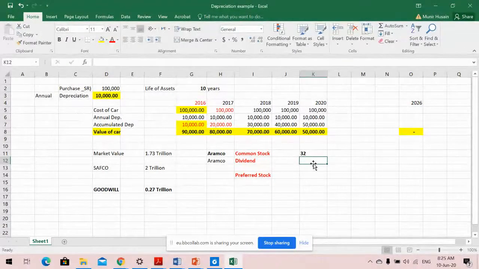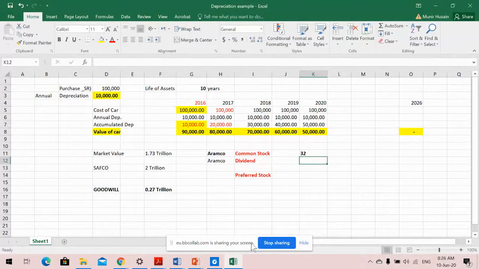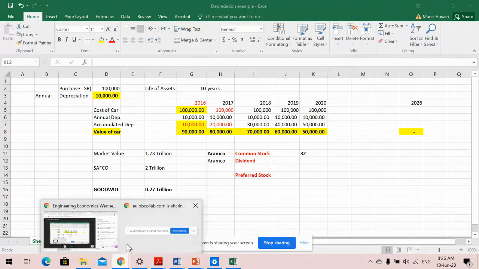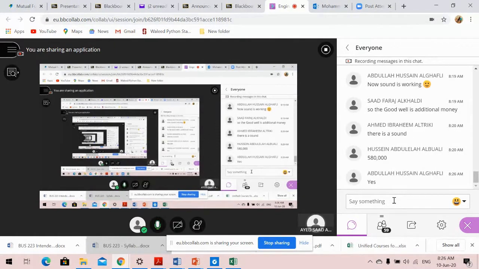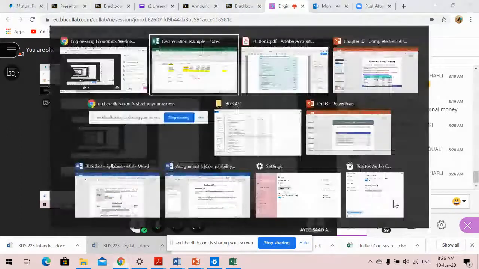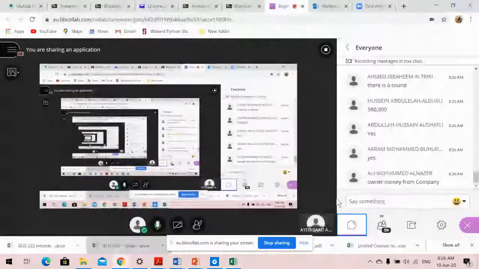You received this at the end of 2019. Did they pay any dividend? Do you know that Aramco pays some dividend? Yes. Now, what is a dividend? Dividend is basically part of profit which is distributed to shareholders, right?